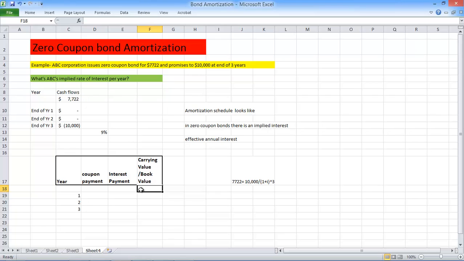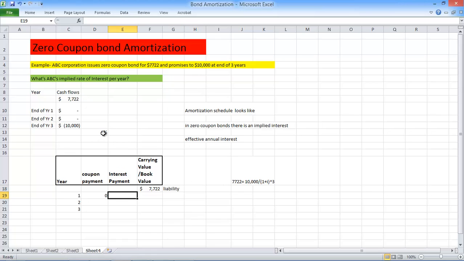So what's the carrying book value? This is 7,722. And we said there is no coupon payment. But anytime we carry some amount on our books, this is a liability. That's why we have to pay an interest. So what's the interest?